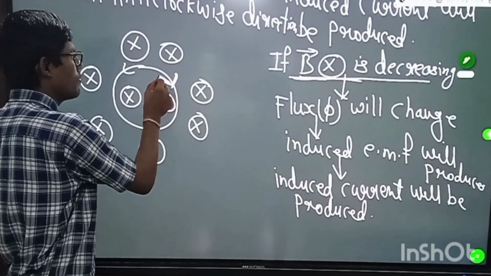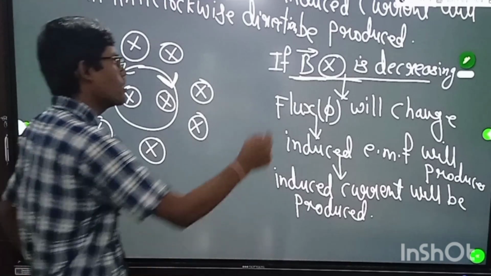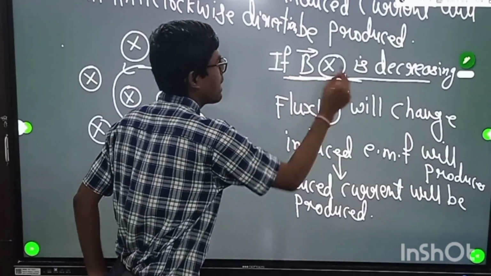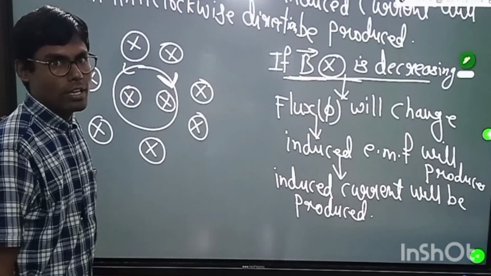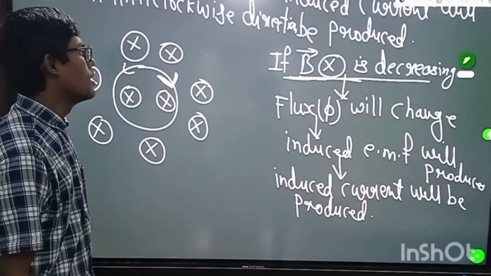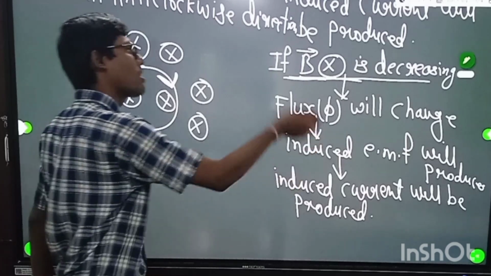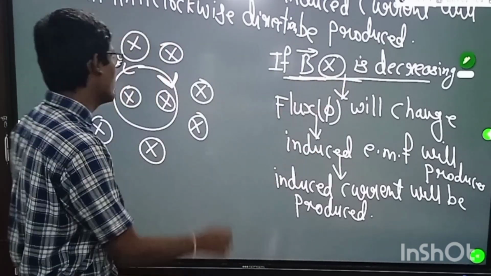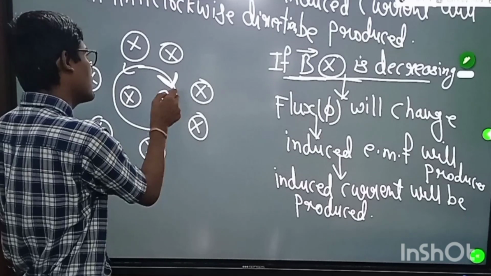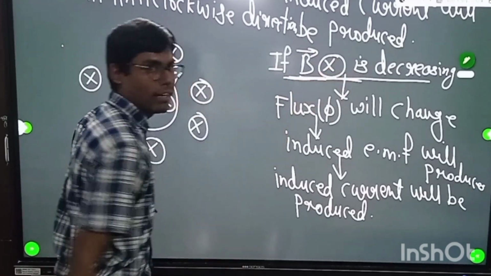So if the current flows in this clockwise direction, it will oppose this decreasing magnetic field. That is according to Lenz law. Lenz law states that whatever the cause, the induced current will oppose that cause. So here the decreasing magnetic field is the cause, and the induced current will flow in such a direction that it will oppose the decreasing magnetic field.